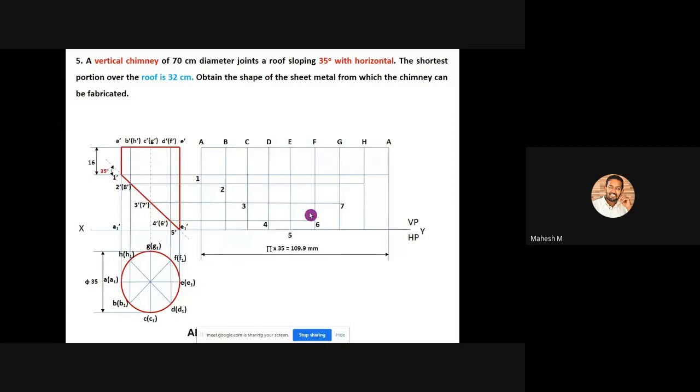Then you have to join these cutting points with a freehand curve. So please remember that it is a cylinder. So since it is a cylinder, you have to join all the cutting points with a freehand curve. You don't have to use your scale, and you should not create a line. Okay, so it should be a smooth curve.